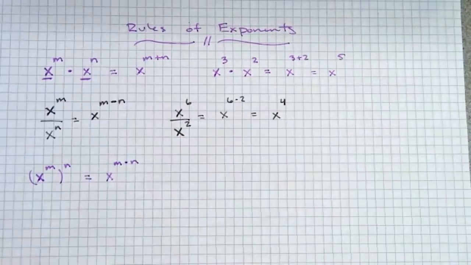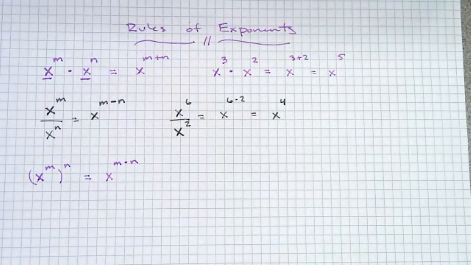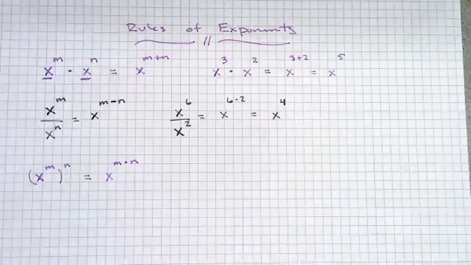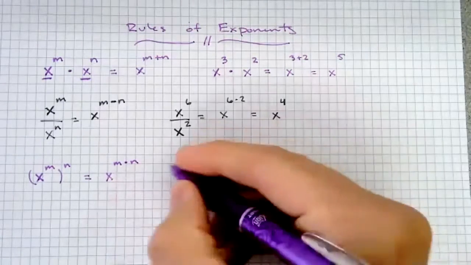Okay, if you have an exponent being raised to an exponent, that is when you would multiply. So x to the m raised to the nth will give us x to the m times n.